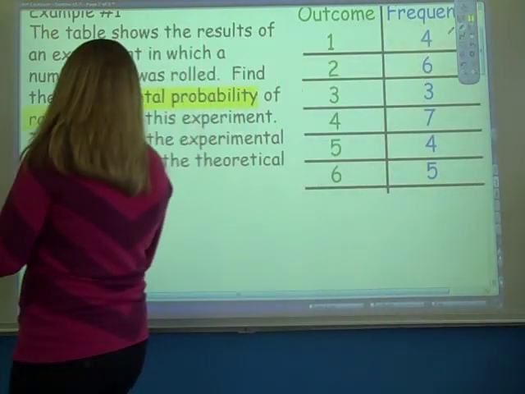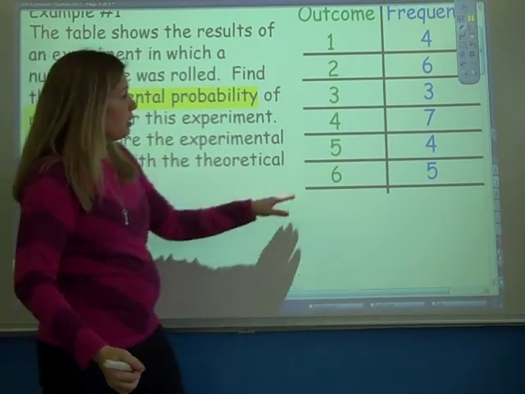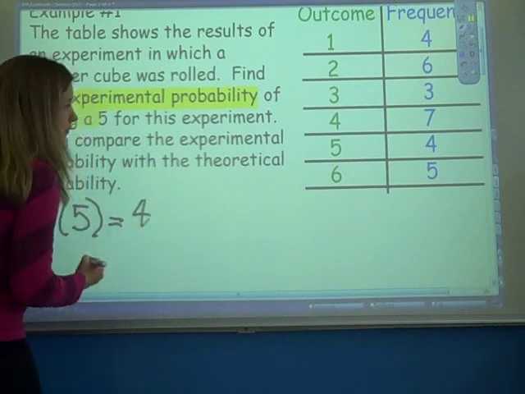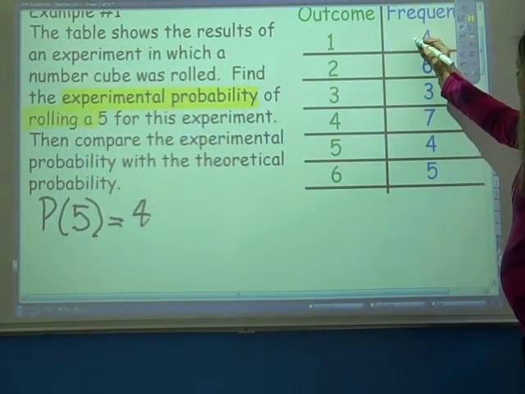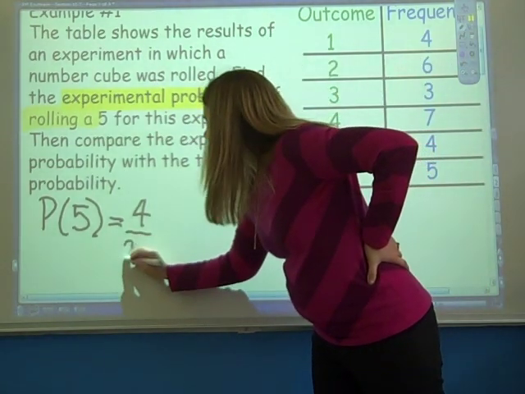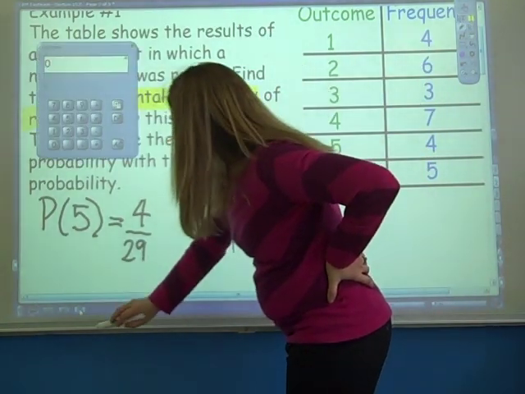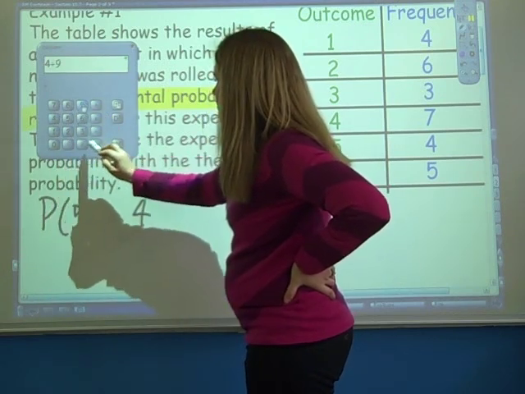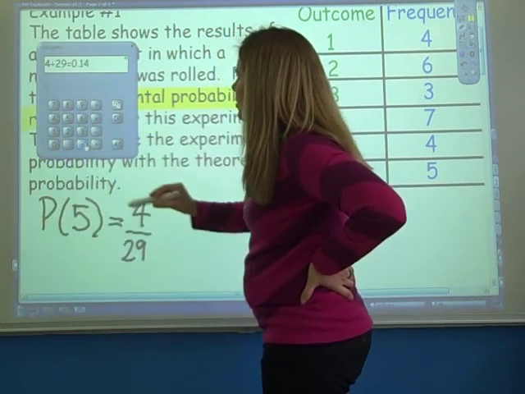So the probability of rolling a 5, they got a 5 4 times, out of, does it say how many? No. So this is 10, another 10, 20, 29 times. Okay, let's also make that into a percent. So 4 divided by 29. You get 14%.